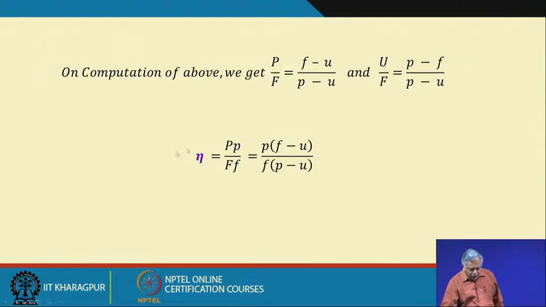So, we can also write in this form, that is capital P into small p divided by capital F into small f, and if I replace this P by F, that is F minus u divided by small p minus u, and you have got small p by F left here. So, we can write it based on that.